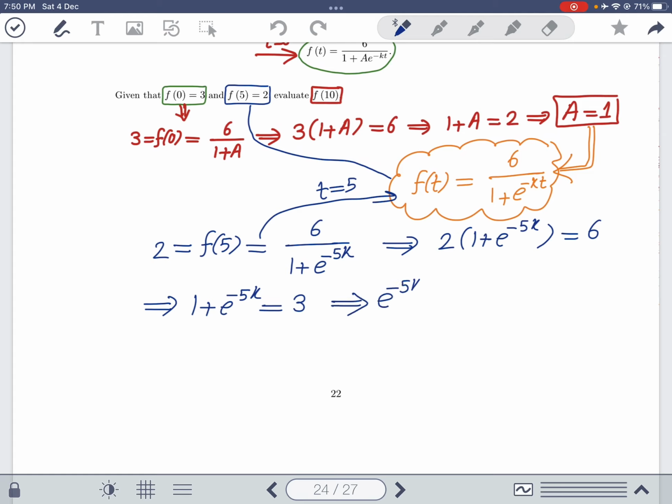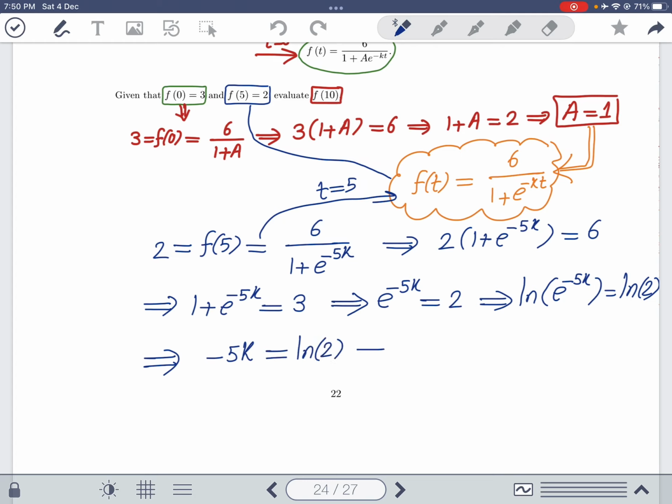E to the minus 5k is 2. Now take ln. So ln of e to the minus 5k is ln of 2. And ln and e cancel. You have minus 5k coming down, and then ln e is 1. This is equal to ln of 2. And finally, k is negative 1 over 5 ln of 2.